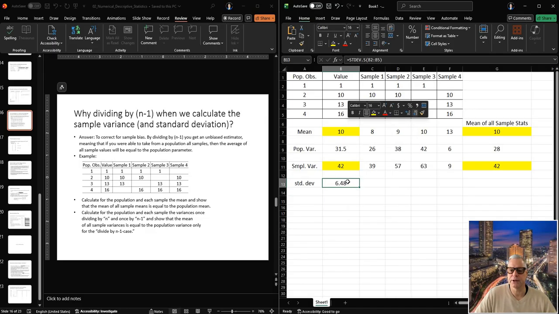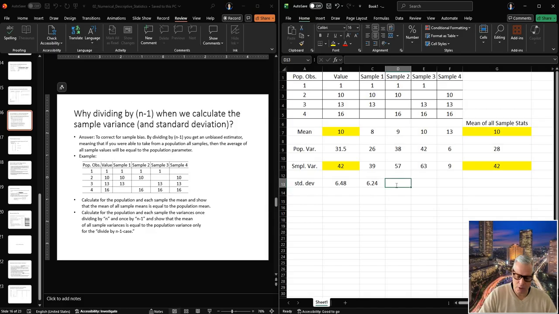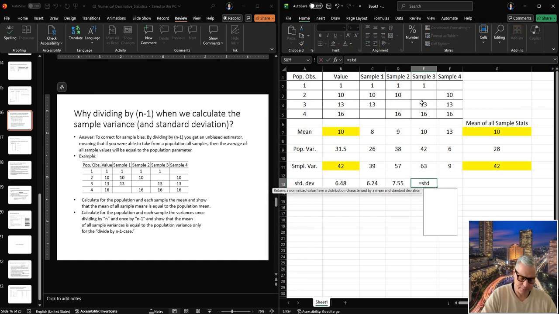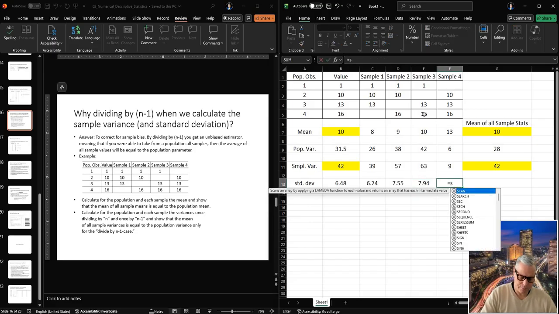Let's remove some of the decimals here. 6.24. 7.55. 7.94.